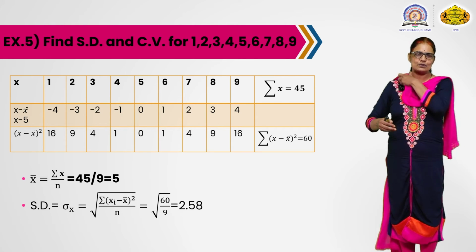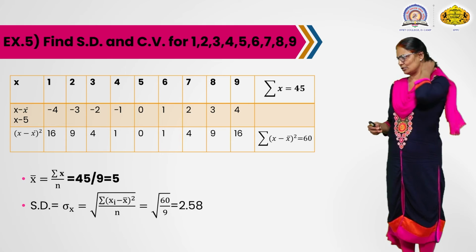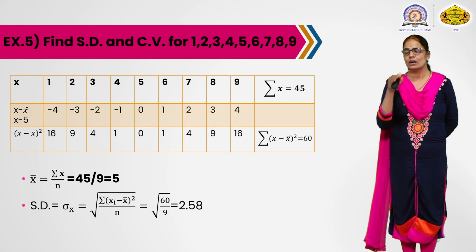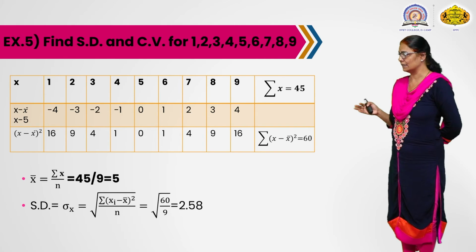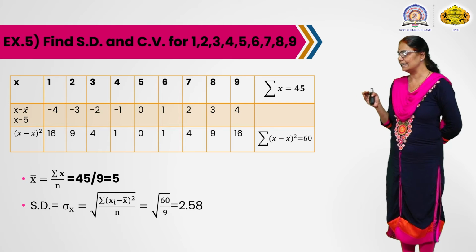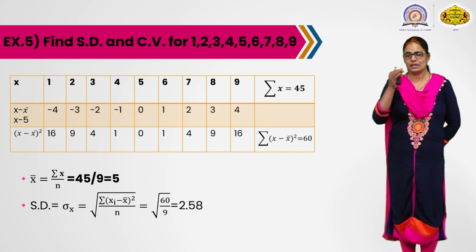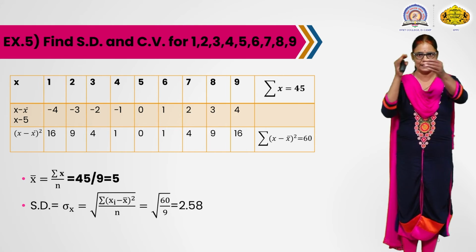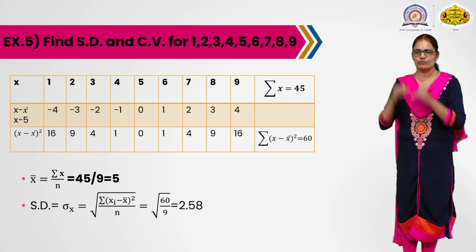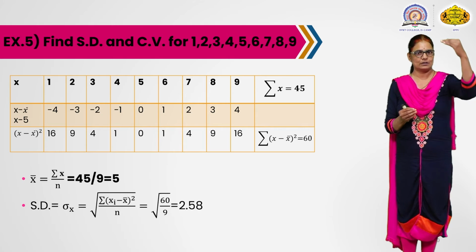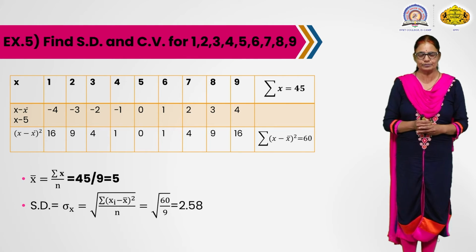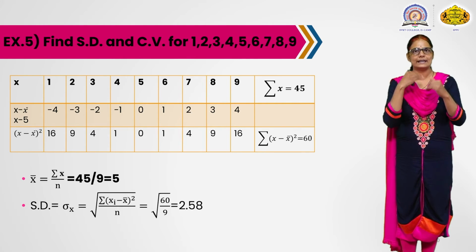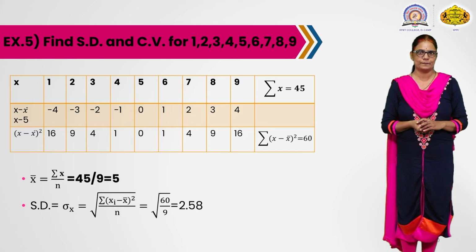So, in the first row I have to write all the given observations. Remember what is given and what we need, that is very important. Here all the observations x1 to xn are given, so I write all the observations in the first row. Next we have to calculate the mean of the observations.